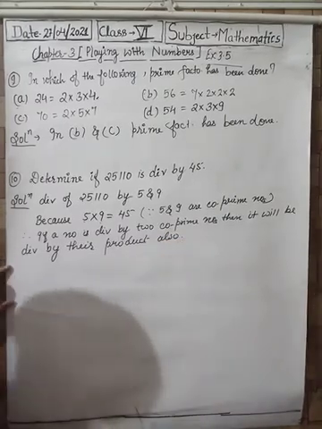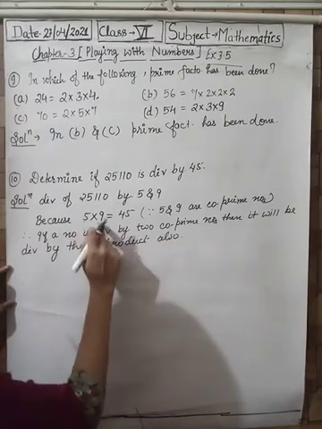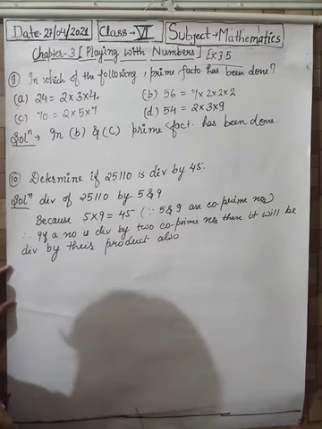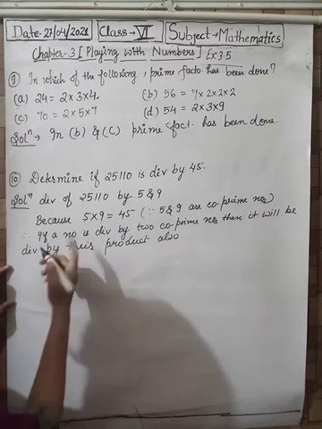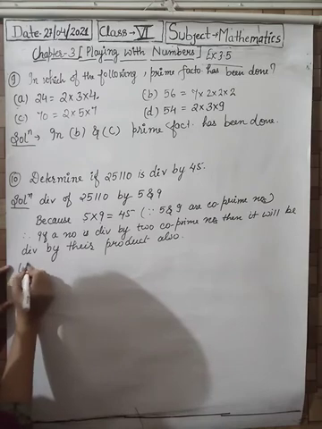Okay. 5 into 9 is equal to 45. Okay. So let's check.